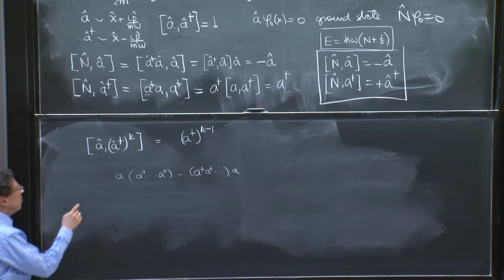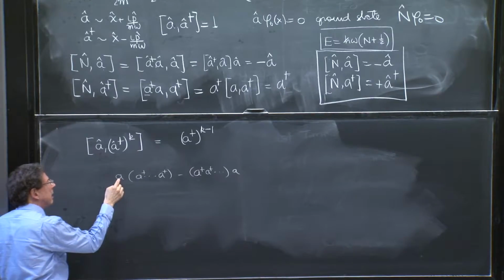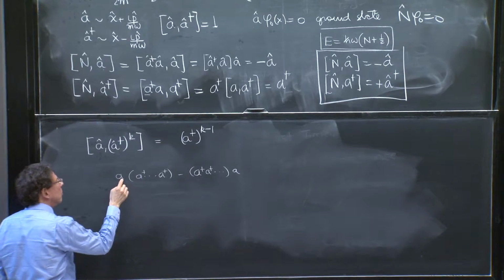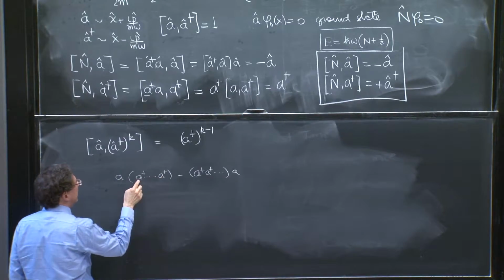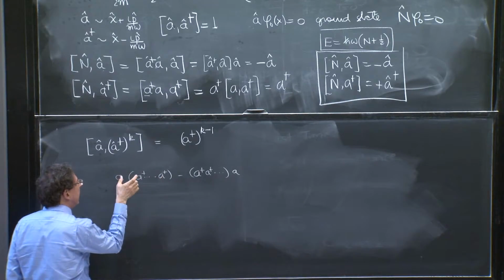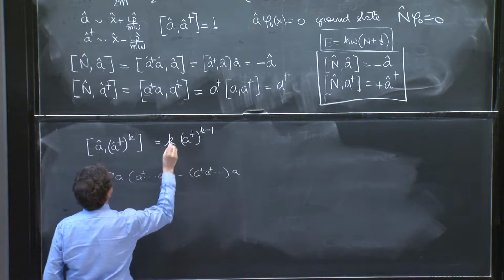You have to go across k of those, and each time you get a factor of 1 and you lose the A and the A dagger. So at the end, you get a k.